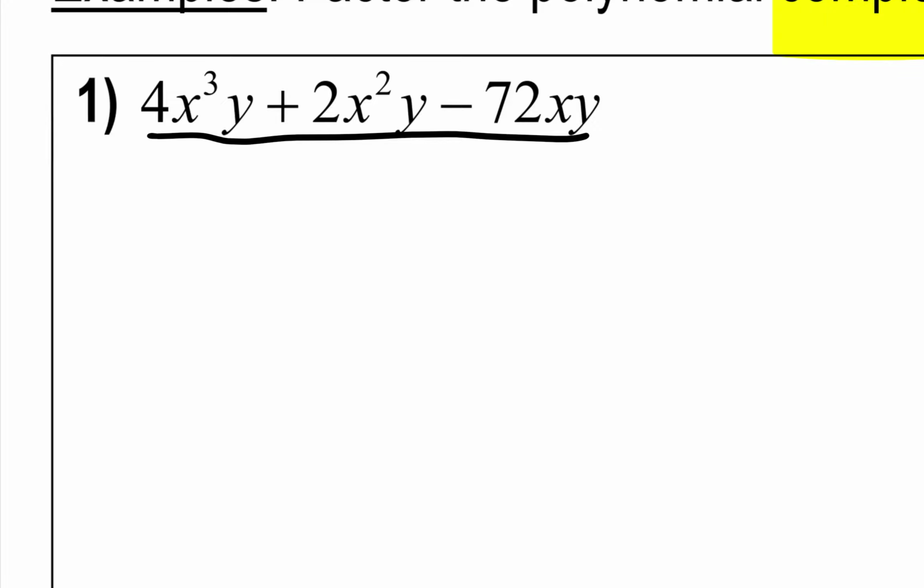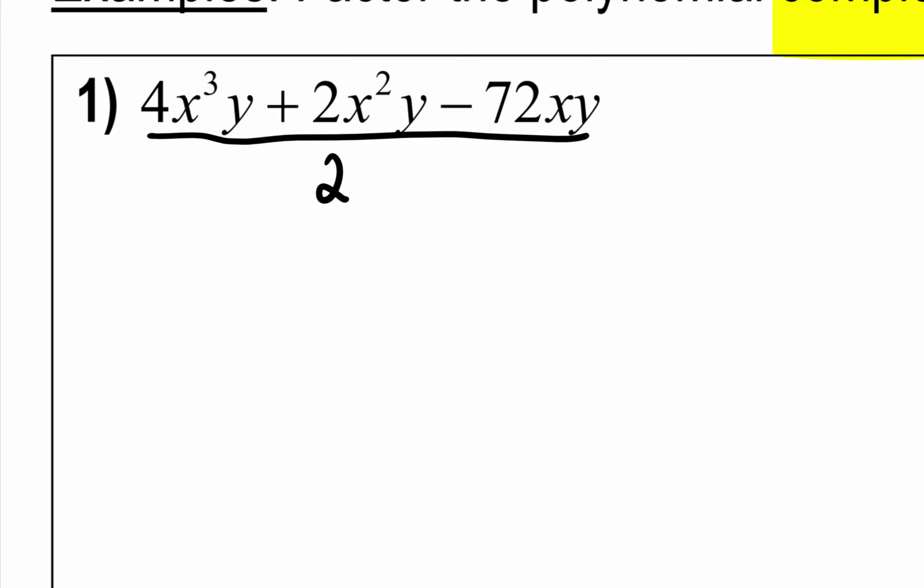Well, the best way to look at this is only look at the smallest number, so 2, and the only things that go into 2 are 1 and 2. So we skip 1 because that doesn't do anything. So then I only have 2. Can I divide the other two numbers by 2? Yes. So you only look at the smallest number and see if the other two numbers can be divided by that number. So the other two can be divided by 2, so I know I'm going to take out 2.